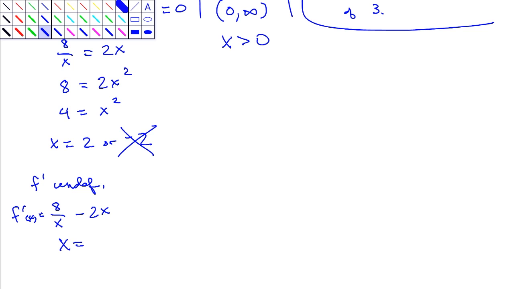So x is equal to 0. But now what? Nicholas? Is this a critical value? No. Clinton, why not? It's not in the domain. So if it's not in the domain, it has to go.